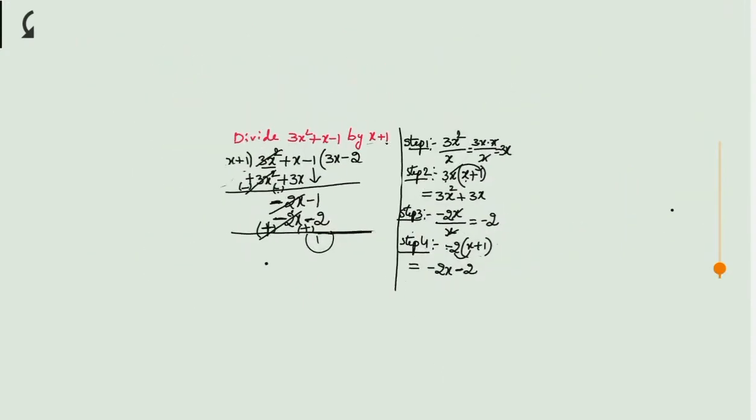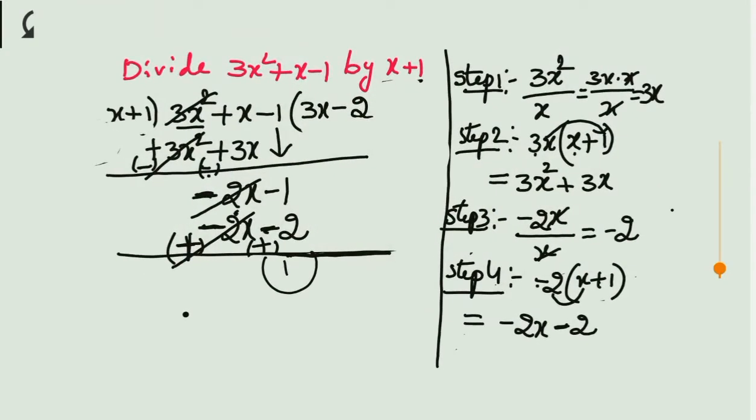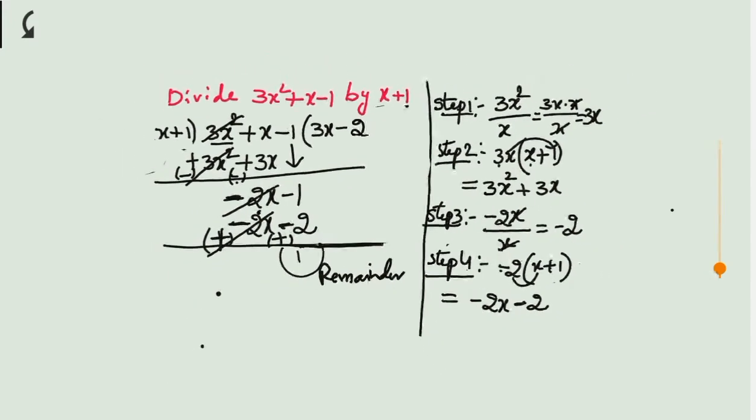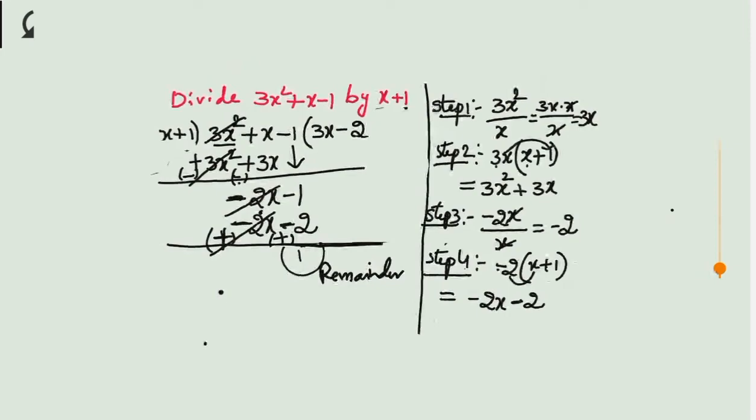Here, if you observe, the remainder is 1. And the divisor is x plus 1.